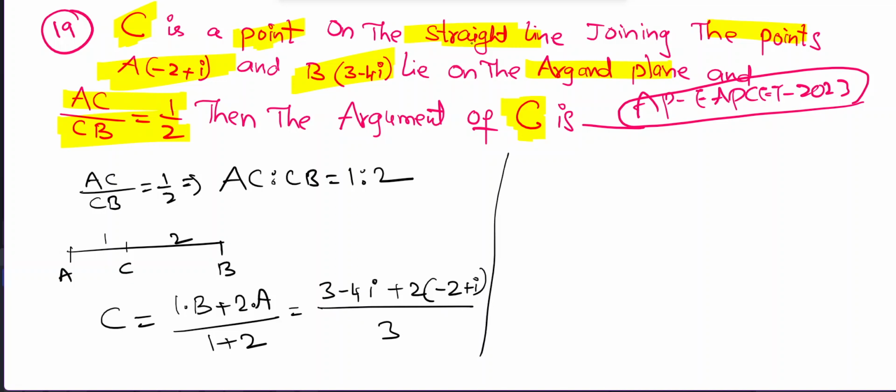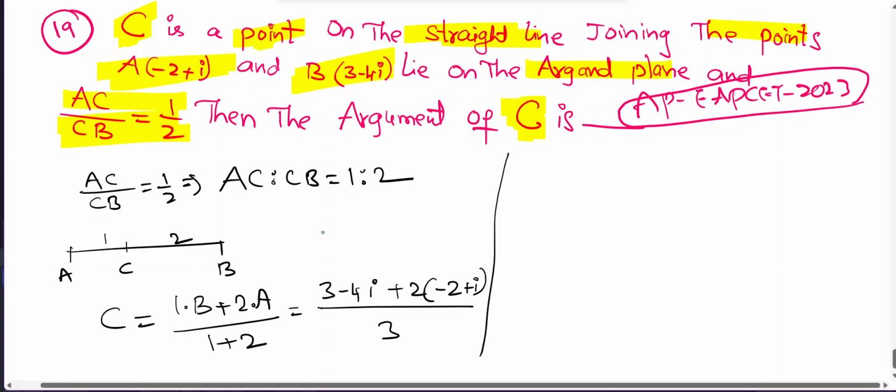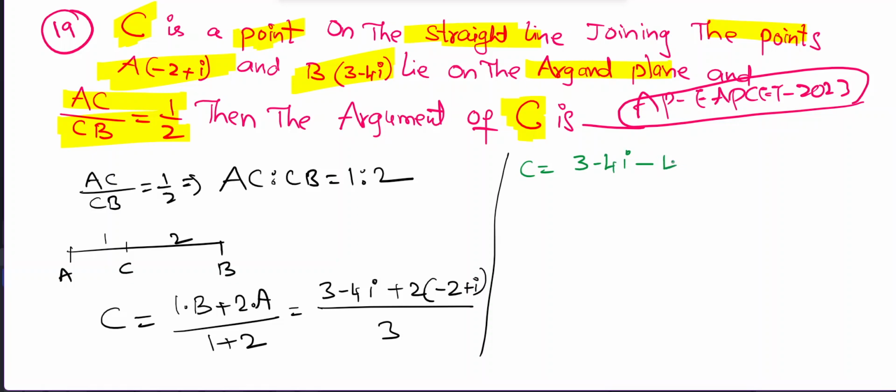So C is equal to 3 minus 4i, minus 4 plus 2i, by 3. C is equal to minus 1 minus 2i by 3.